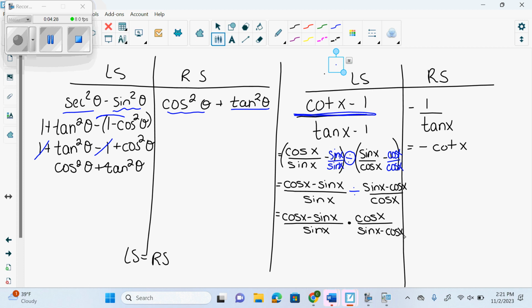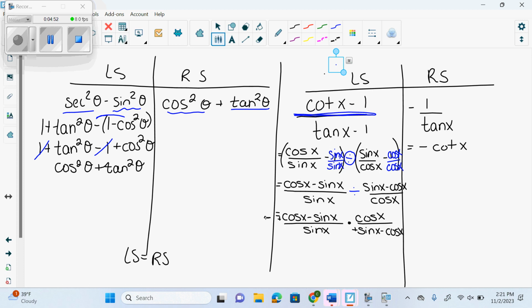All right. So this is a positive cos and a negative sine, and this is a positive sine and a negative cos. So they're the exact same but wrong signs. You see that? So if you want to change signs, you can just take out a negative 1.